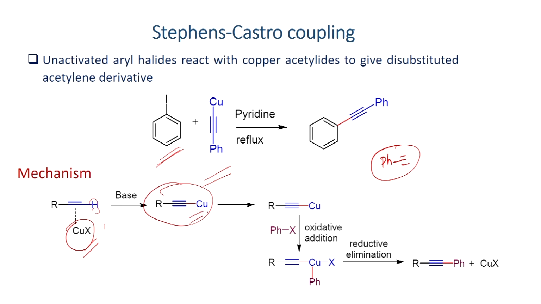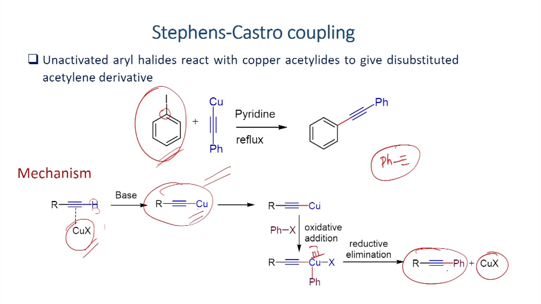Once you form this one, this species can now react with aryl iodide, in this case here aryl iodide, by oxidative addition. You will form this copper 3 intermediate, and this copper 3 species can give the coupled product via reductive elimination. You generate the copper 1 species. What you do here is make a carbon-carbon bond between this carbon of the iodobenzene and this carbon of the terminal alkyne.